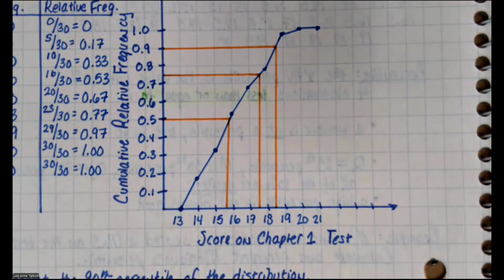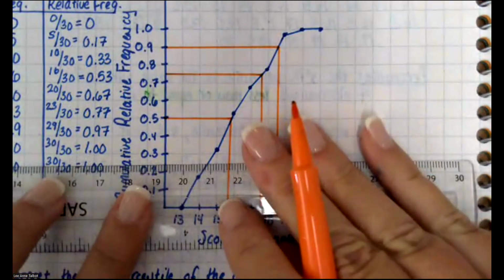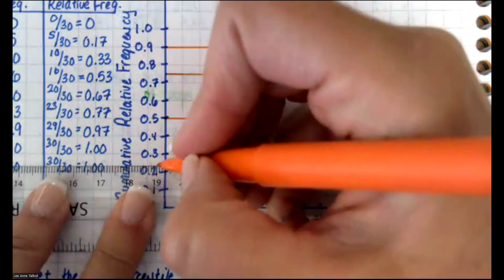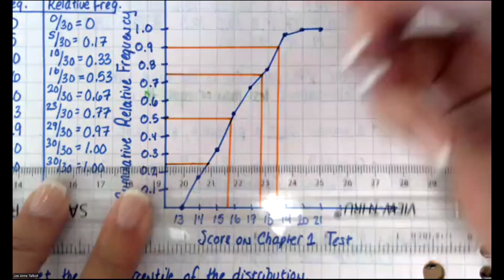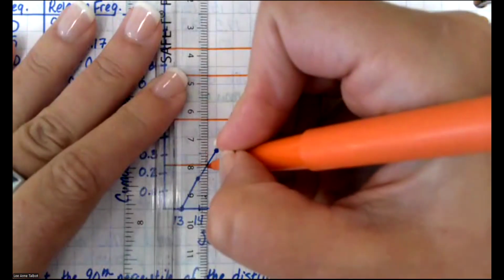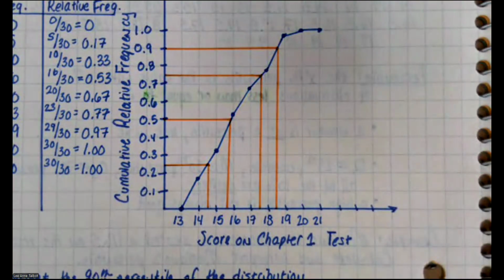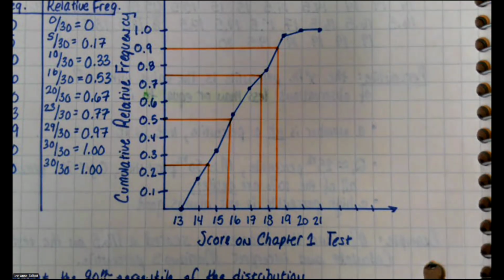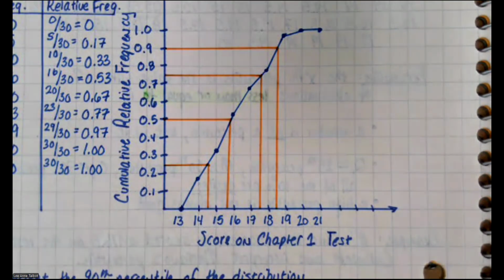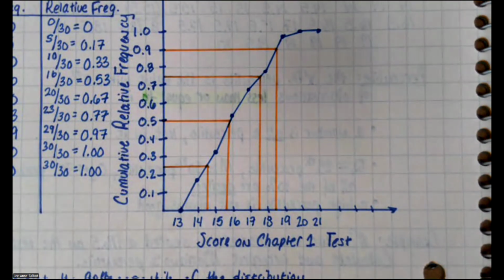Okay, and what percentile would the first quartile be? 25th. Look at you using that vocab from chapter 1. Nice. 14.4. 14.5.